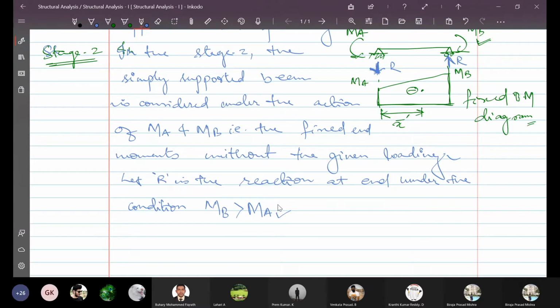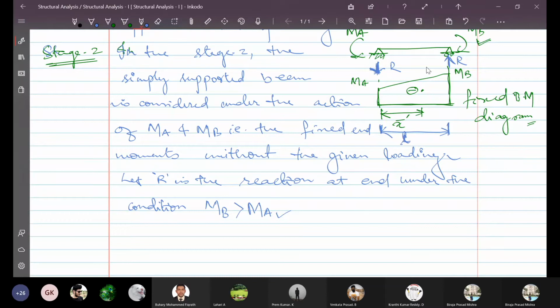Okay, so if this is the case, and see one more thing, what is the distance between A and B? The distance between the supports is small l, or L, whatever it may be.